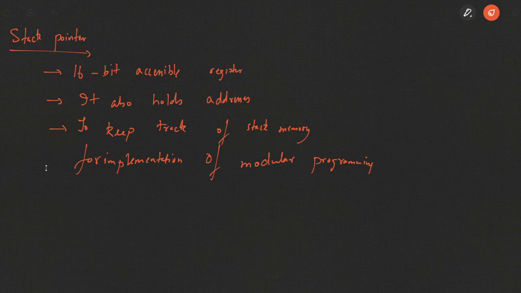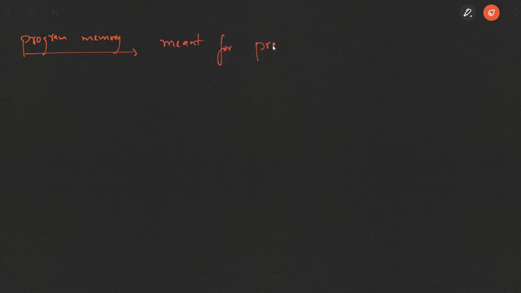So what is stack memory? First of all, we have three types of memory. We have the program memory, which is the part of the memory meant for the execution and writing of programs. You have the data memory that is meant for storing data.